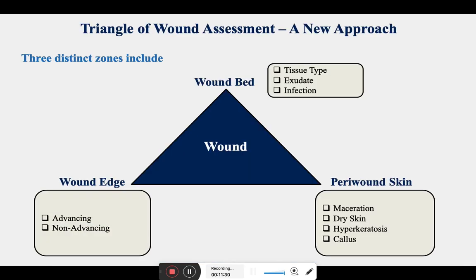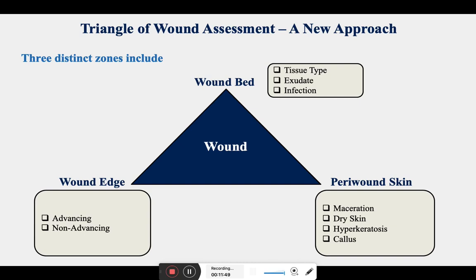So coming to the triangle of wound assessment. Now two principles are there. We know about time management. We will come to that later on. And this is the latest study on how a wound can be assessed, which is a new approach. Three distinct zones are there.